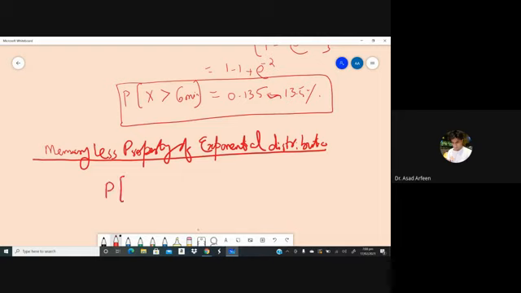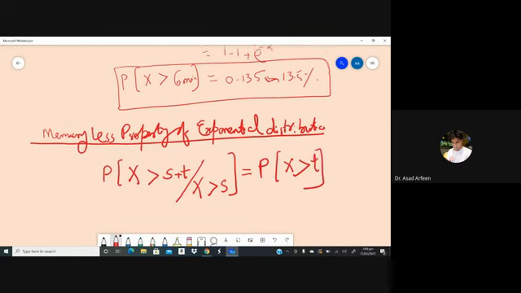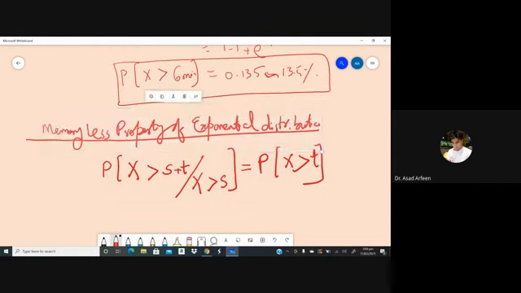The probability that the random variable capital X, which is exponential, is greater than s plus t, given that the random variable X is greater than s, is equal to the probability that the random variable X is greater than t. So this is called the memoryless property of the exponential distribution.